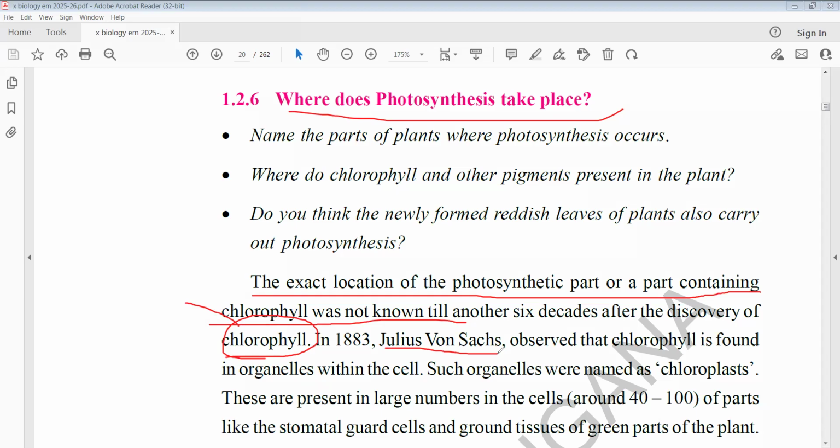His main credit is observing the chlorophyll inside the most important cell organelle, the chloroplast. So chloroplasts are the cell organelles which contain the chlorophyll pigments.